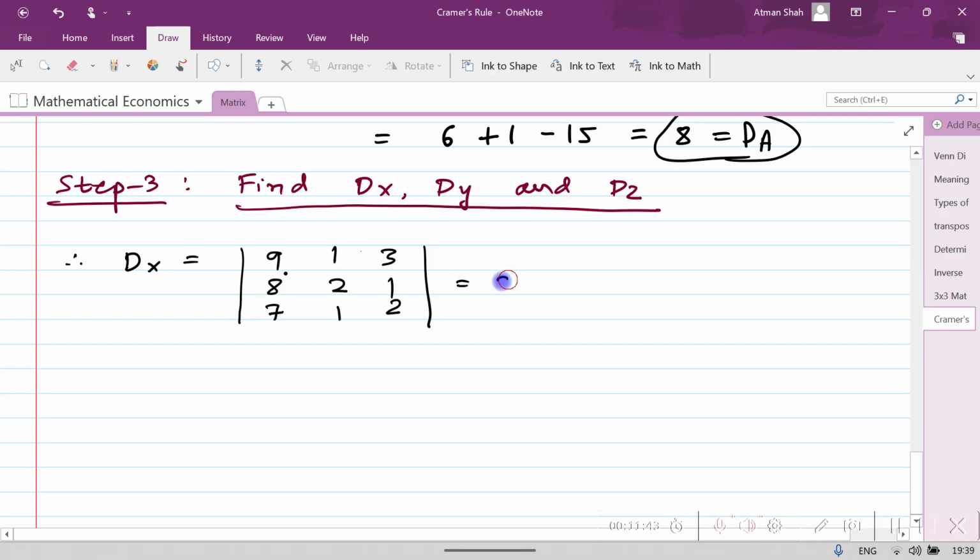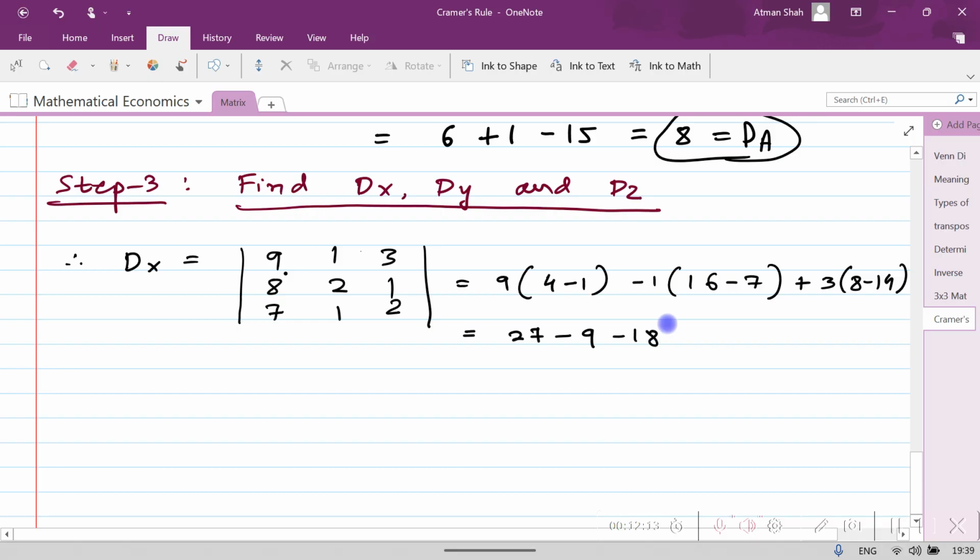So this is 9 into 4 minus 1, minus 1 is 16 minus 7, plus 3, 8 minus 14. So this is equal to 27 minus 9 minus 18. So the determinant of x is equal to 0.